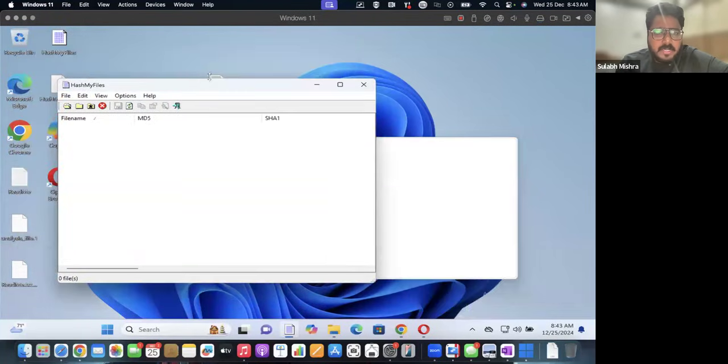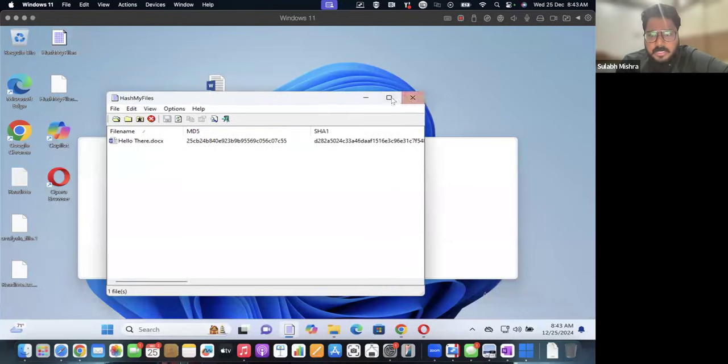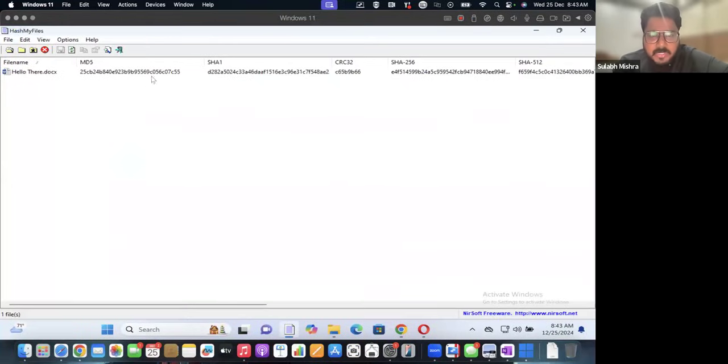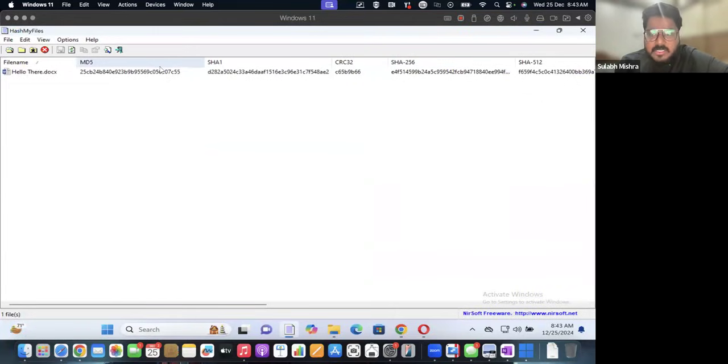I just need to drag and drop the file here. I've dragged and dropped it and got the hash value, SHA-1. You can see the different hash formats over here. So now you have this particular hash value.